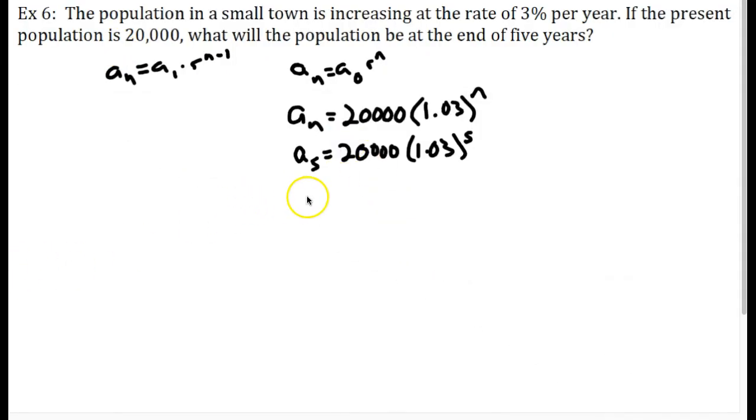So since in this case we're talking about people, it makes sense to round to the nearest whole number. Right? We're not going to say we have 0.48 of a person.